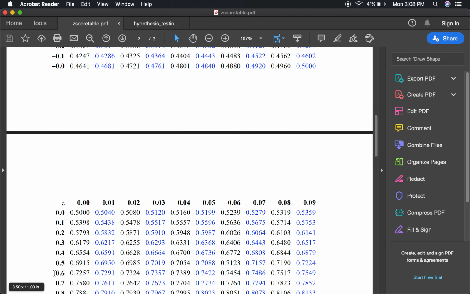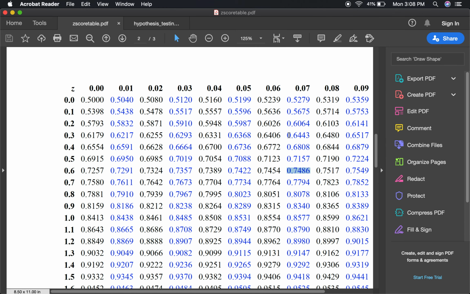Okay, so I'm in row 0.6, column 0.07, and I look at this area here, 0.7486. Okay, and you can see it right there. Row 0.6, column 0.07.